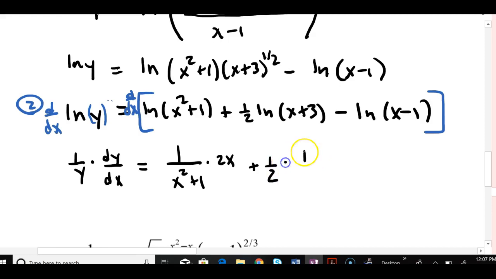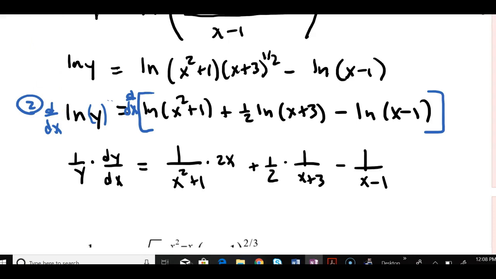That's going to be 1 over the argument times the derivative of the argument, 1, so we don't need to write anything, so just 1, minus the derivative of ln of x minus 1, so it's going to be 1 over x minus 1 times 1. Okay.